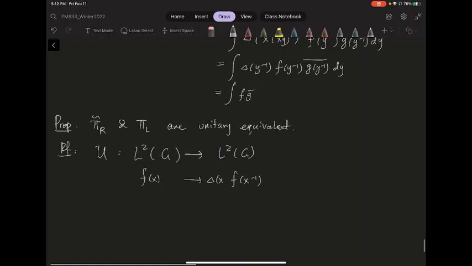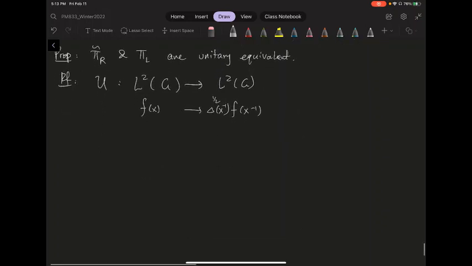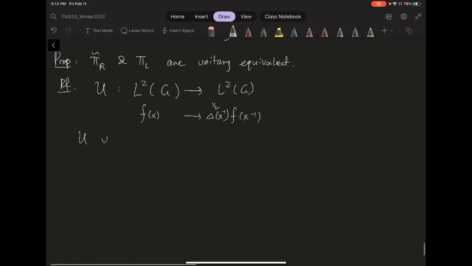but then you multiply by the modular function of the inverse to the half. It's really routine to check that U is a unitary. That's essentially just the formula for the modular function, so I'll leave that to you. So U is indeed a unitary.